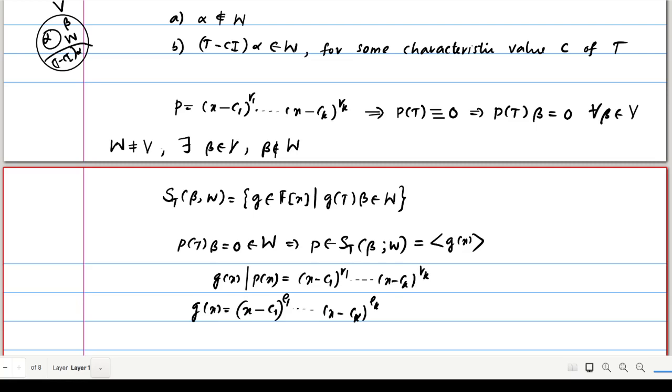So this polynomial divides this. Then the possibilities for the ei's are 0 less than or equal to ei less than or equal to ri.